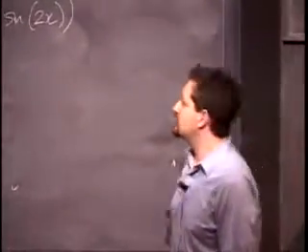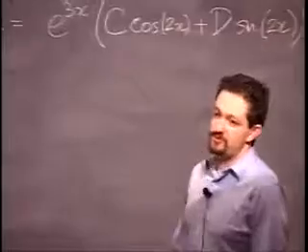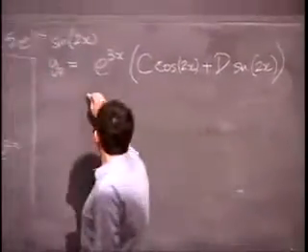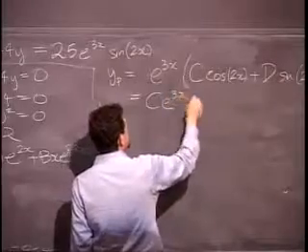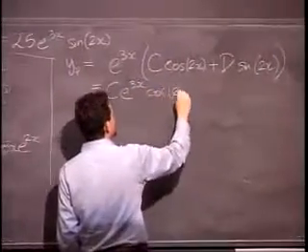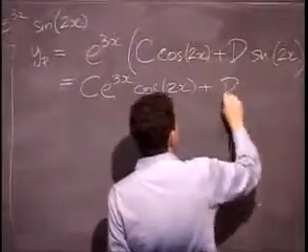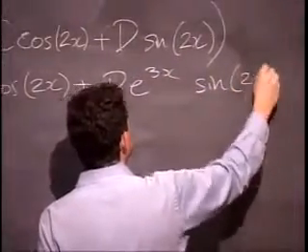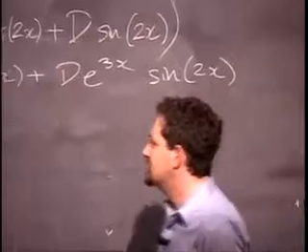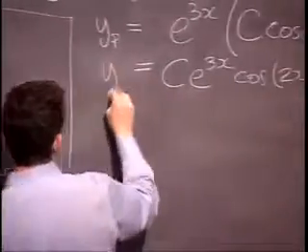Now, in order to work this out, I unfortunately have to do the derivatives. Let's write this out as C e to the 3x cosine 2x plus D e to the 3x sine 2x. All right, so that's what yp is.